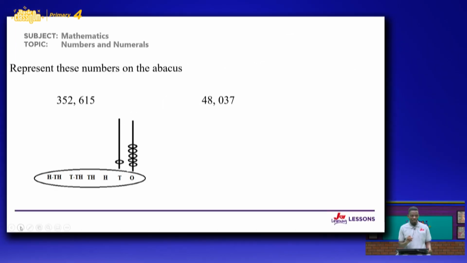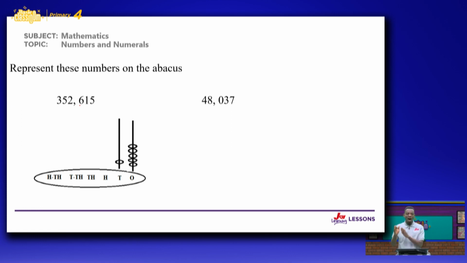Learners, one thing you must take note of is that when you are representing numbers, be it on an abacus or place value chart, you always have to begin from the ones, from the last digit. That is what you need to know.